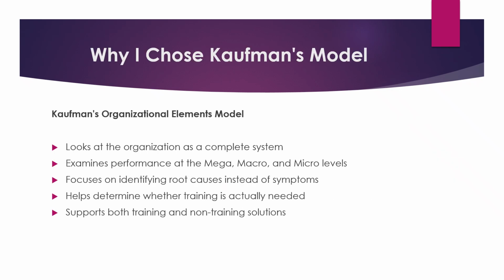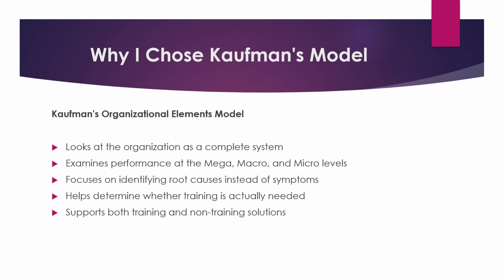Now, why did I choose Kaufman's model? I chose Kaufman's organizational elements model because it encourages us to look at the organization as a complete system instead of immediately assuming employees need more training. One thing I appreciated about this model is that it focuses on identifying the root causes of performance problems rather than simply addressing the symptoms.